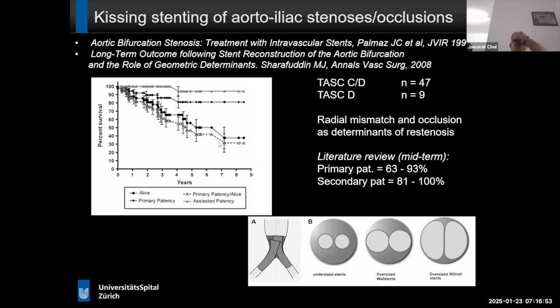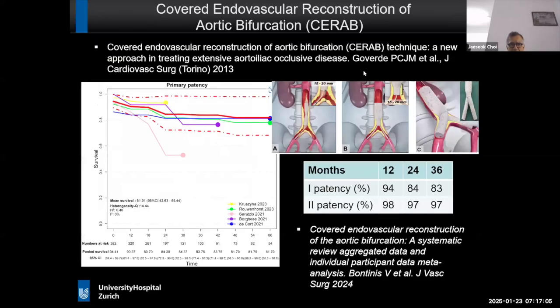So that stenting technique, which first had been adopted by Julio Palmaz in 91, is not that bad and is obviously less expensive than what has lately been propagated by a vascular surgeon, essentially. That's the so-called CERAB technique, covered endovascular reconstruction of aortic bifurcation.